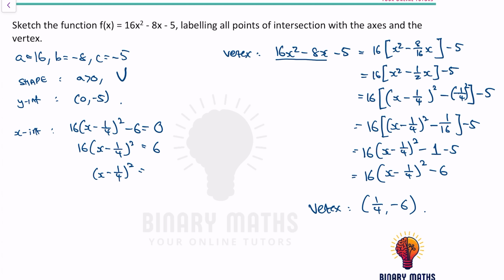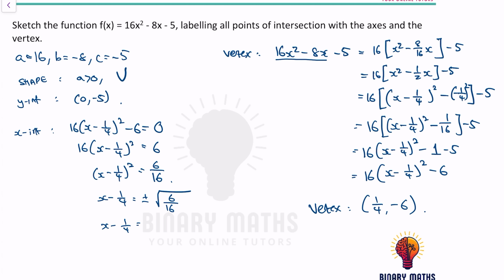If I take square roots, don't forget to include the plus or minus, so I get plus or minus root of 6 over 16. Let's simplify now.